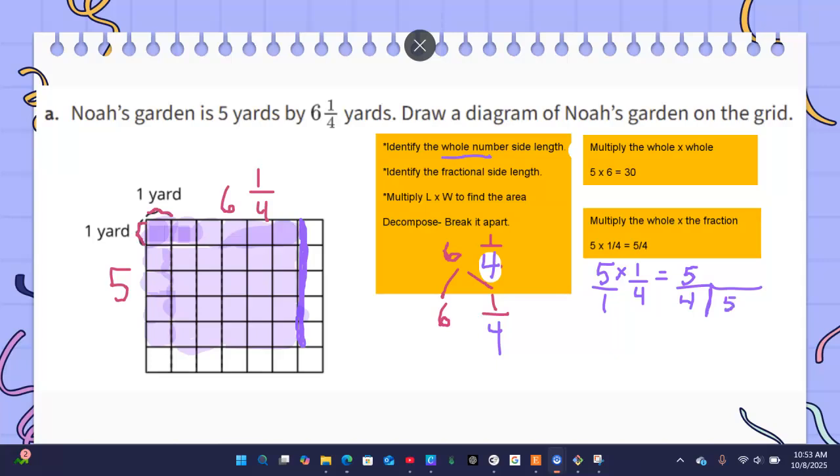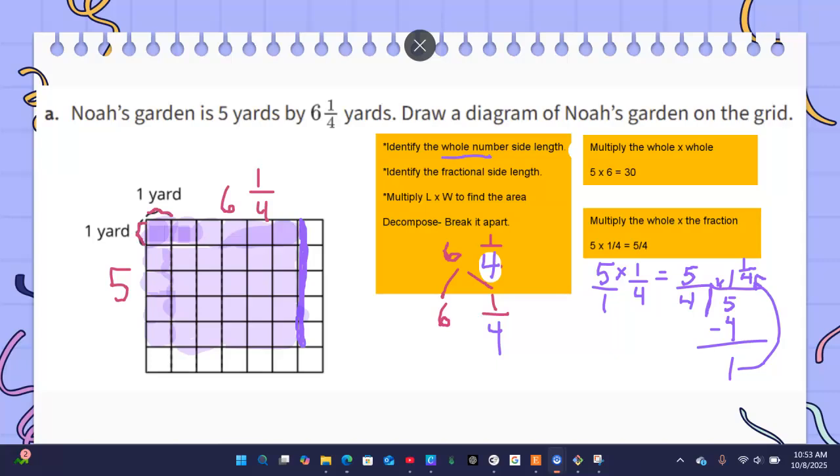How many groups of 4 can I make in 5? That will be 1, and 4 times 1 equals 4. Then I subtract, that will be 1, and I bring that 1 up here because that's part of my answer. That means that we have 1 and 1/4.